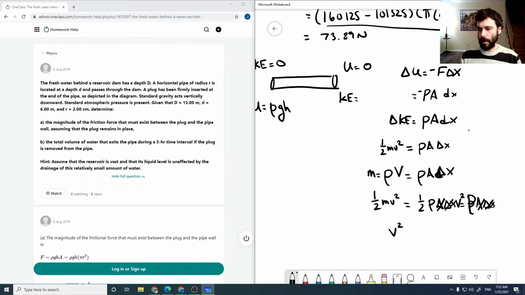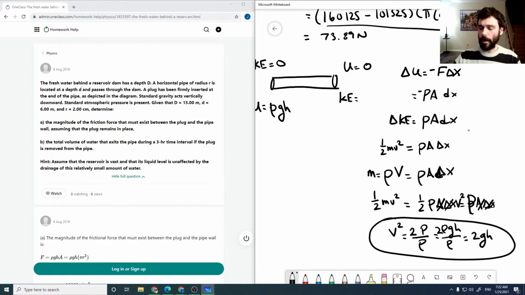So you can see that v squared is just 2 times our pressure over our density. And our pressure is just rho gh. So it's 2 times rho gh over rho, which is just 2gh.